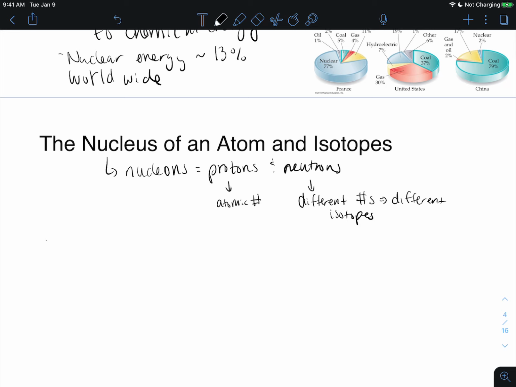So a radioactive isotope, called a radioisotope, is an unstable isotope, so all of the atoms within the isotope are unstable.